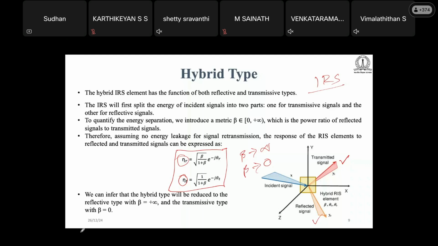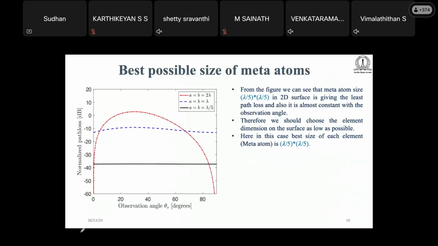Okay, and this property we also use for satellite communication. So that is one type of application.